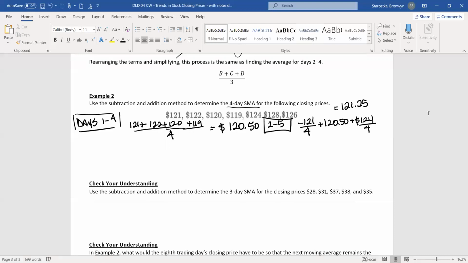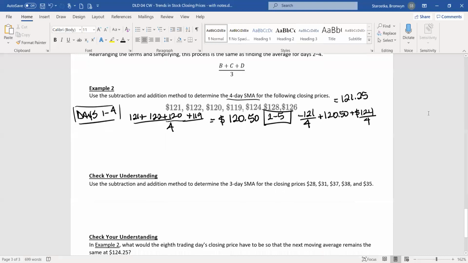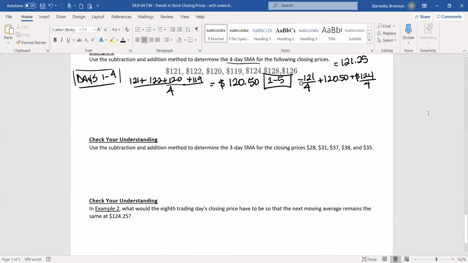So now we need to go days 3 through 6. And for days 3 through 6, we're going to start off with our average, 121.25 from days 2 through 5. We're going to subtract out the previous term, so that's going to be day 2, and day 2 was 122.